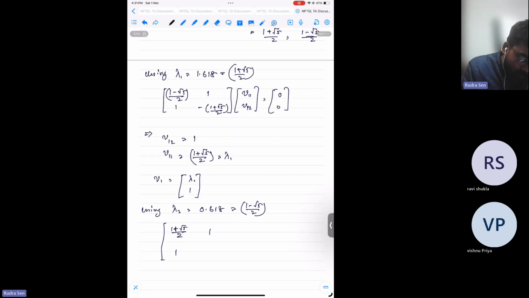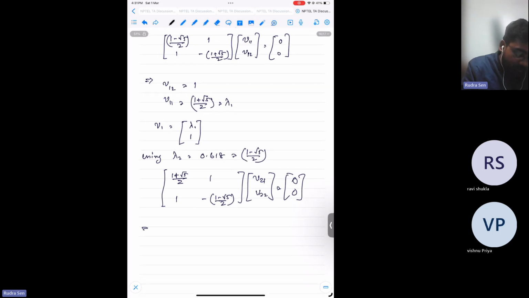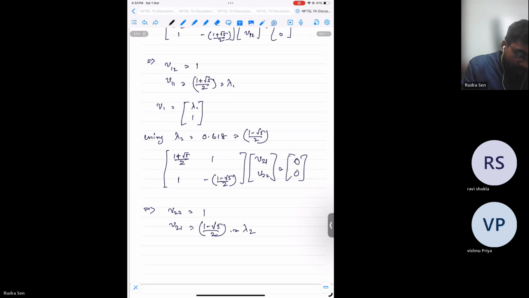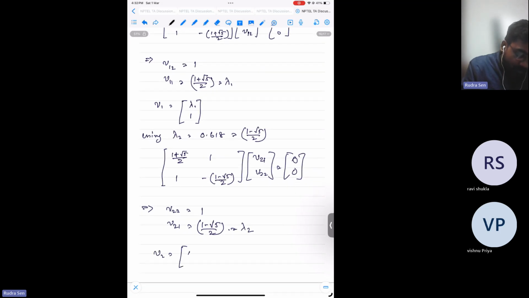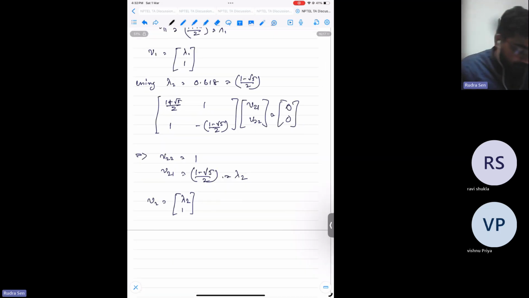This is 1, this is 1, this is minus 1 minus root 5 by 2. And this is v21, this is v22, this is 0 0. A similar process. So if we choose v22 equals 1, so v21 becomes 1 minus root 5 by 2, then that is lambda 2. So my v2 equals basically lambda 2, 1. Okay.